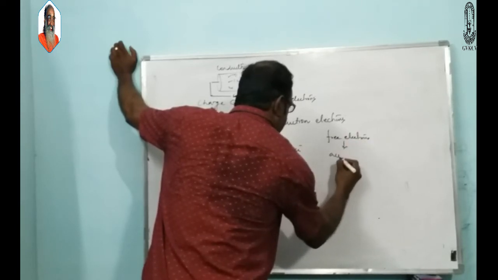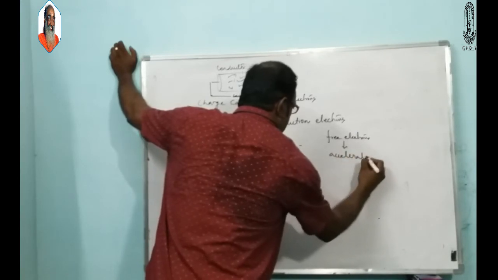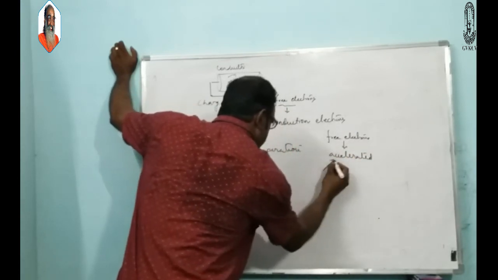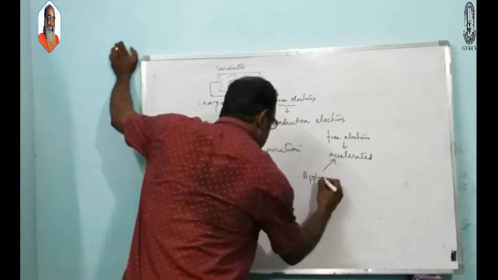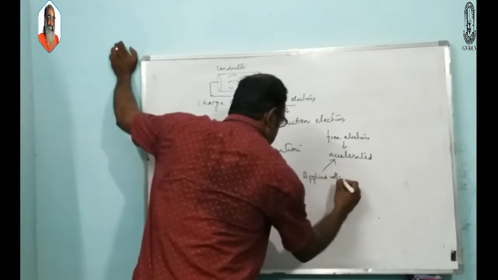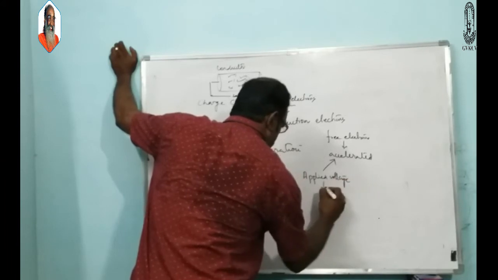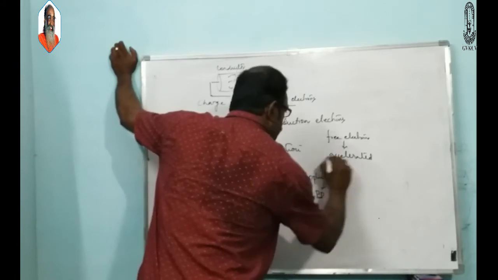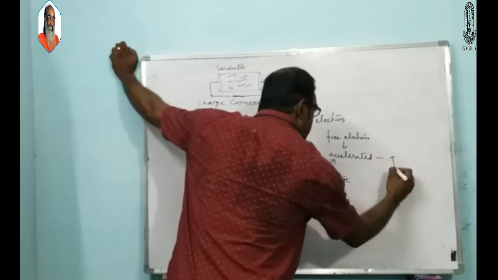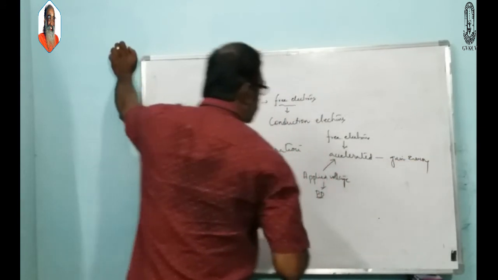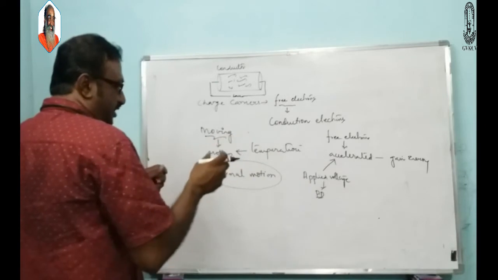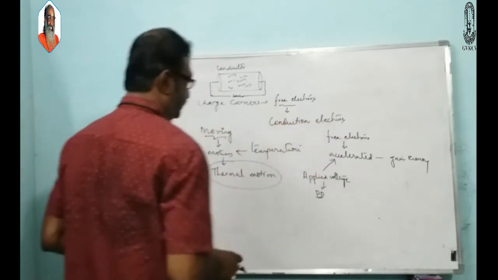They are accelerated because of the applied voltage or the potential difference, which means they gain some energy. So here we understood that these particles are now set in motion.